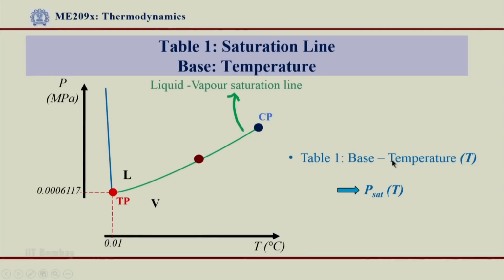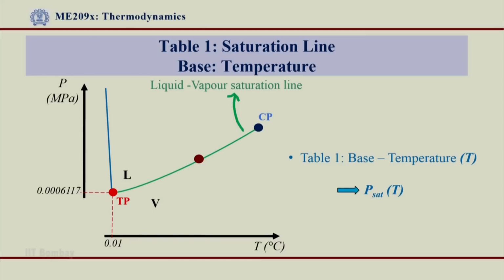So, table 1 base is temperature. It means that the temperature has been given to me of any system, of any state. I know the temperature, and corresponding to this temperature I can find out, for this thermodynamic state, the pressure. Because this state lies on this line, and because it has a single degree of freedom, if you remember the Gibbs phase rule, we have to know only one parameter.